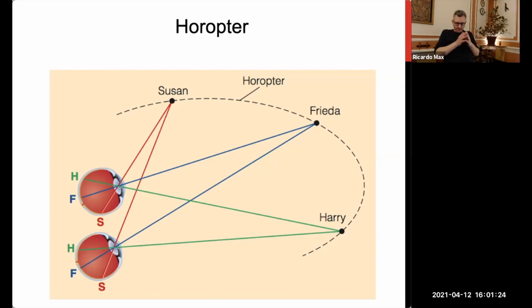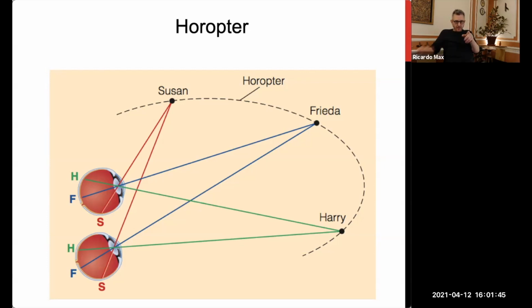So imagine you are fixating on an object 10 yards away from you with a certain convergence. All objects that are 10 yards away from you, they fall on corresponding points on both retinas.